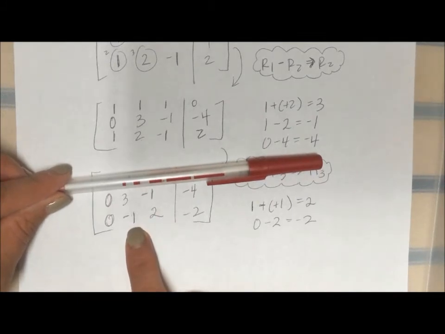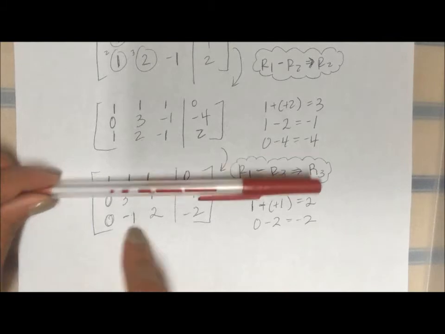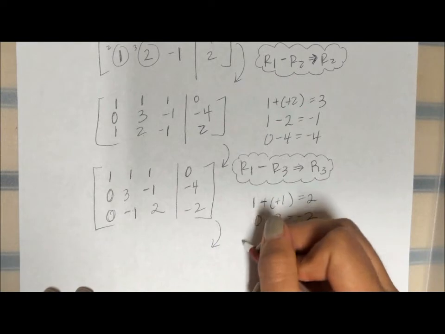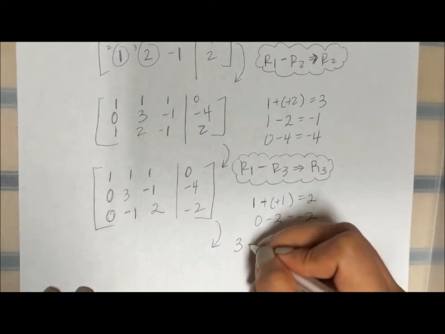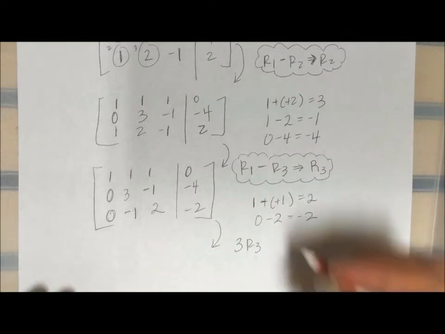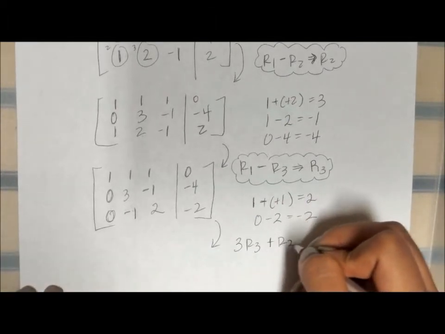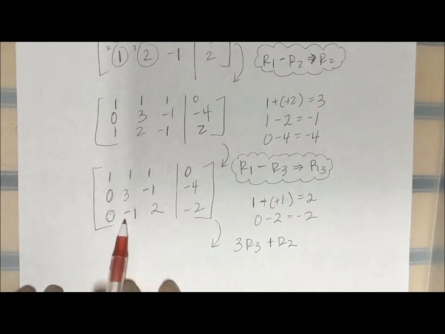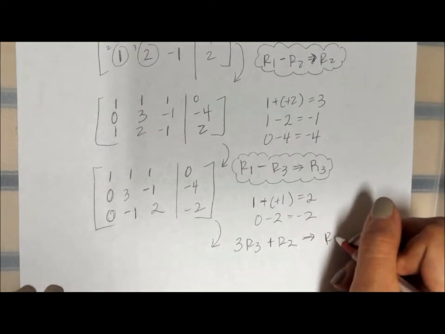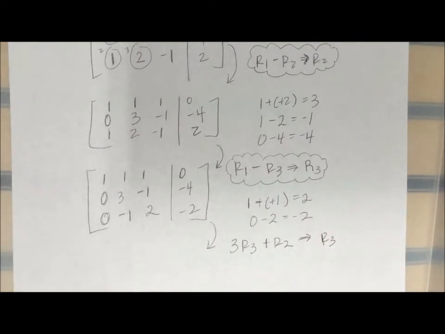So what I'm going to do is multiply row 3 by 3, and then add it to row 2, right? Because 3 times negative 1 is negative 3, plus 3 gives me 0. And then I'm going to replace row 3.